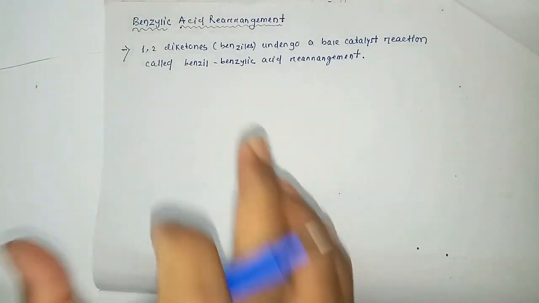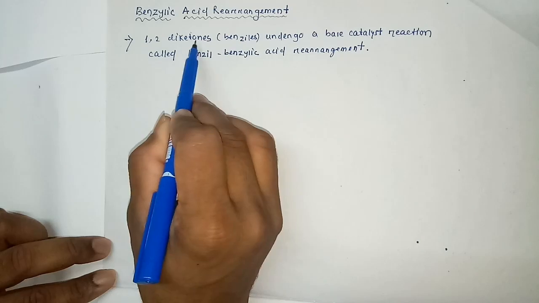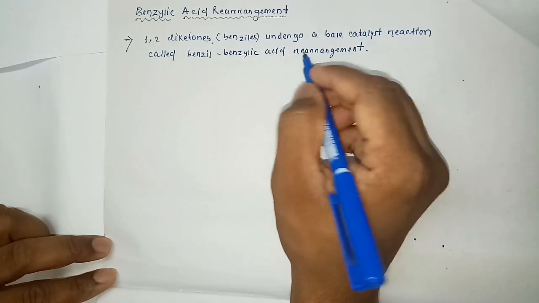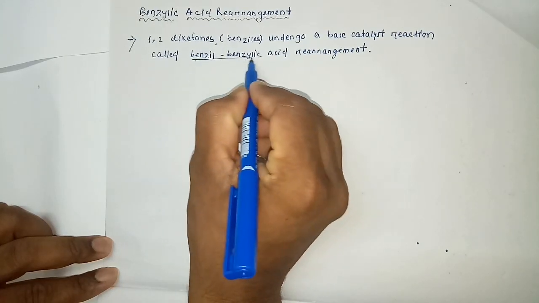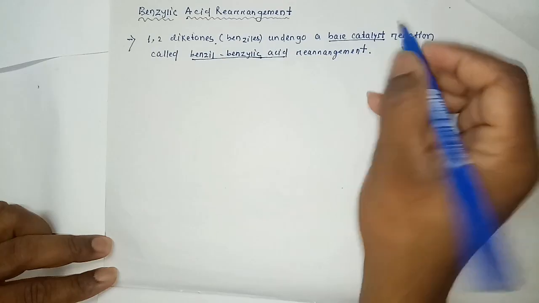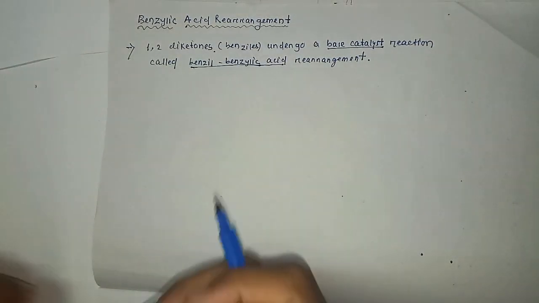In this benzilic acid rearrangement, we have 1,2 diketones, and these are converted into benzilic acid in the presence of a base catalyst. So this is the simple definition of the benzilic acid rearrangement.